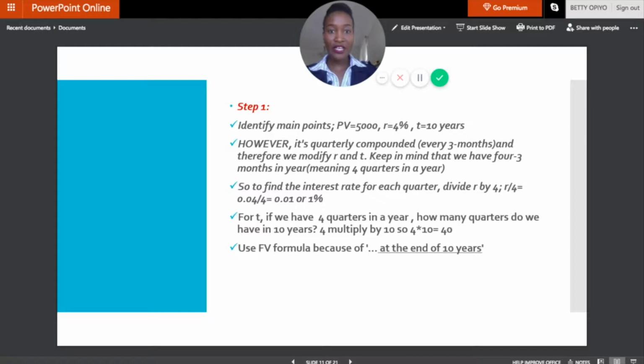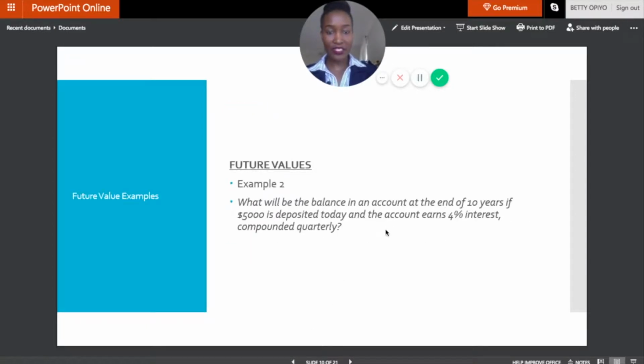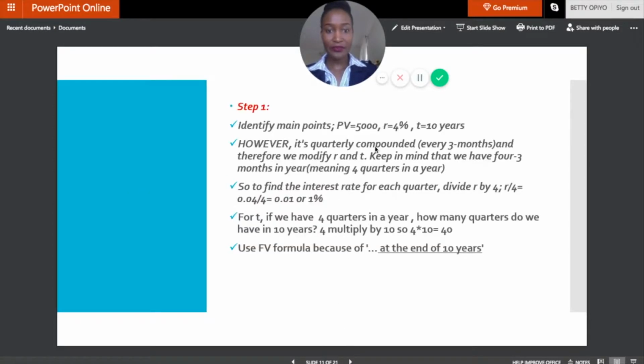You identify those main points with regard to the items in the formula that we have. The PV here is the present value, or an amount that you have today, which is $5,000. And then R is 4%.